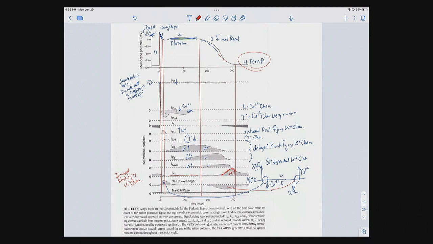And so the inward rectifying potassium channel is the main channel that really pulls this thing back down to a resting membrane potential, because by the time you get to the end, my delayed rectifying potassium channels have already closed down. And so it is that inward rectifying channel that will give it that last kick, and then it will settle down and go back to baseline yet again.